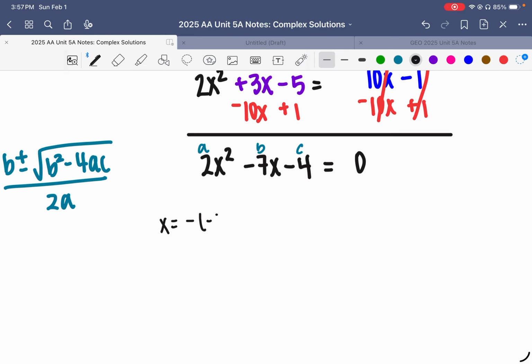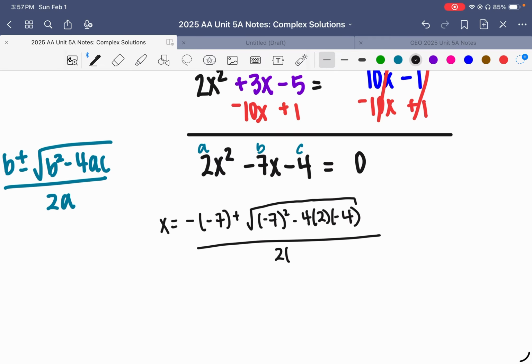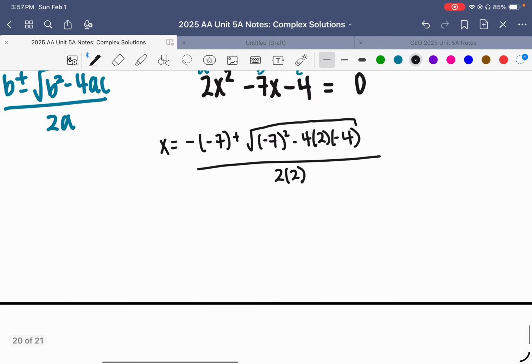Negative B plus then minus, you know what, I'm just going to go ahead and split it up. Plus the square root of B squared minus 4 times A times C all over 2A. And then I'm also going to do the minus side here. That way I can just go ahead and pop both of these into Desmos at the same time.